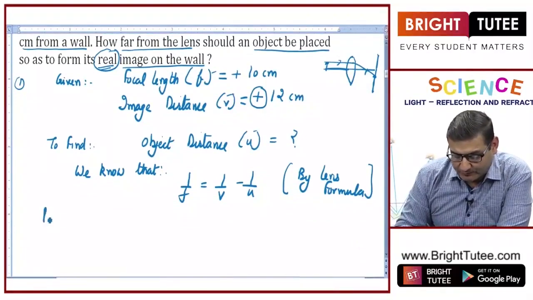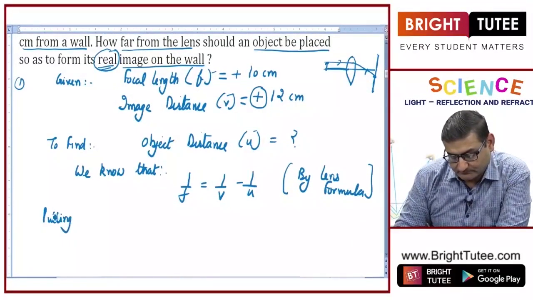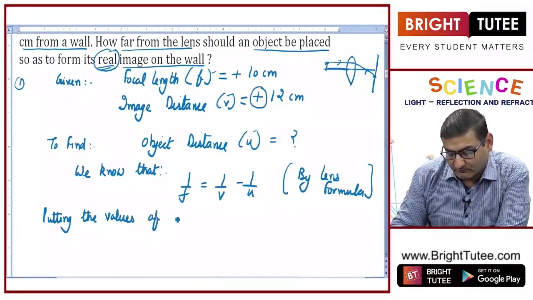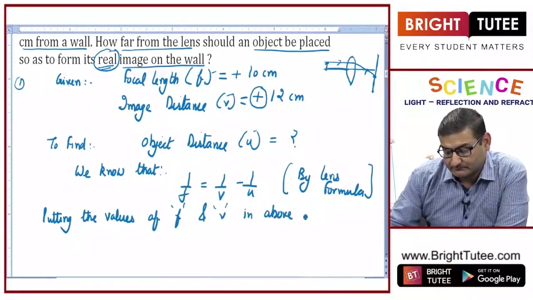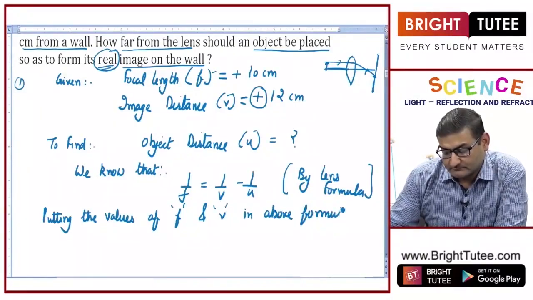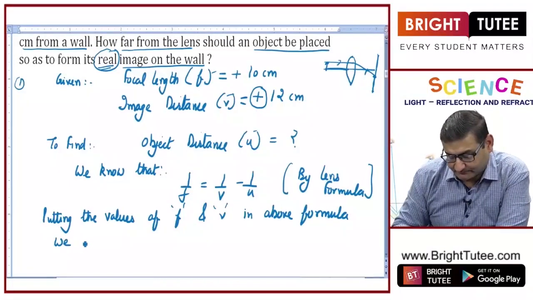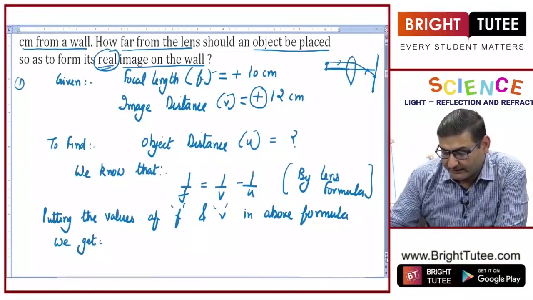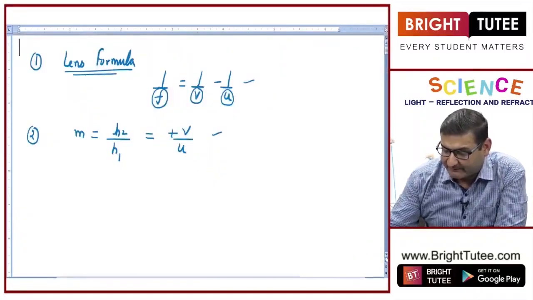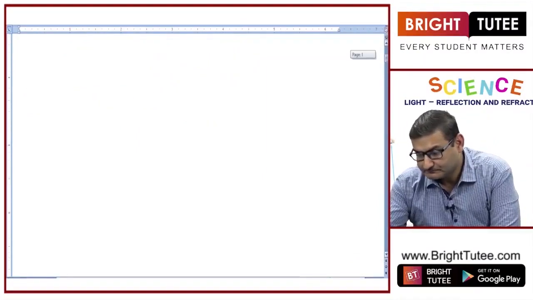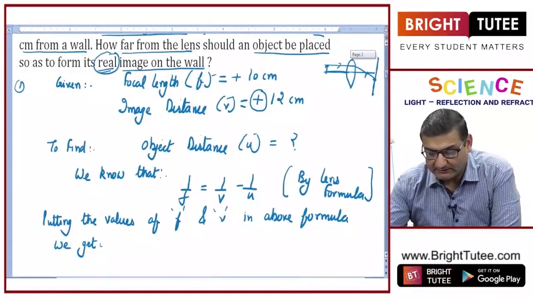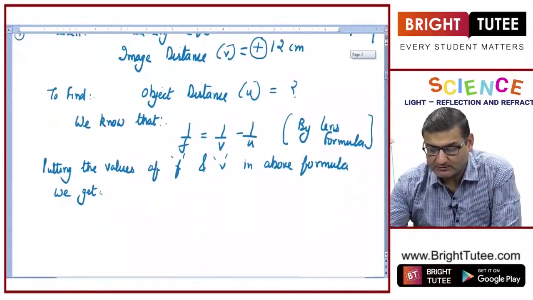Now putting the values of what all is given, focal length and the image distance, in the above formula, we get, what do we get here? 1 by f. 1 by f was given to be, the focal length was 10 centimeters and the image distance was 12 centimeters.